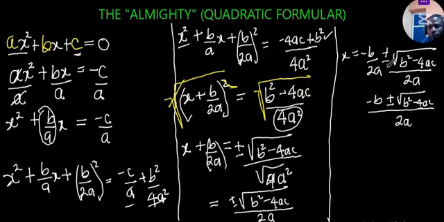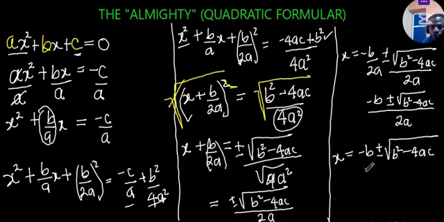So in that case, our x equals minus b plus or minus the square root of b squared minus 4ac all over 2a. So this is the formula that we call the quadratic or the almighty formula.